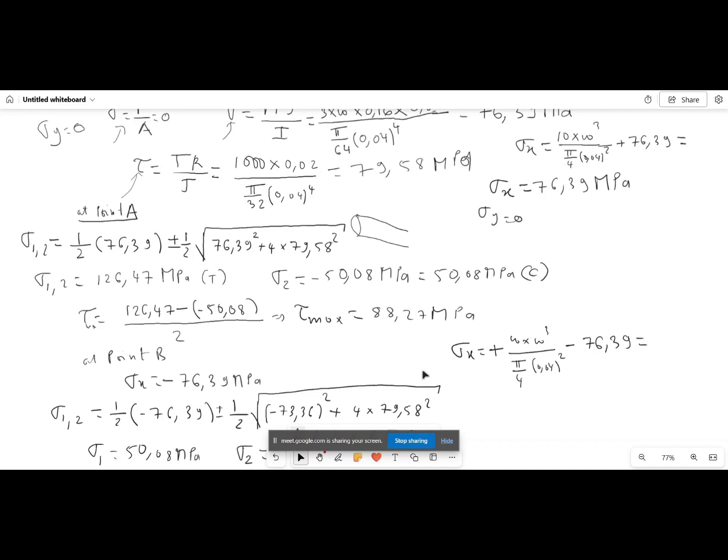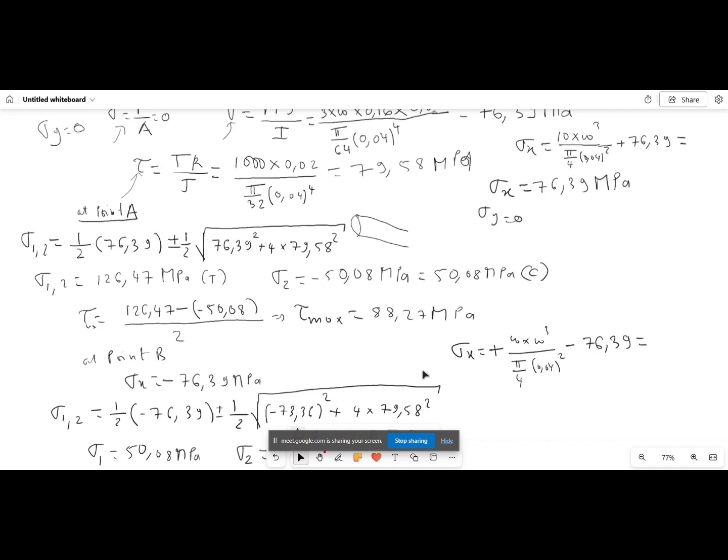Rho x at point A. Yes, let's just substitute and see what the answers are. I'm sure they will be different. It will be 79,58 MPa.